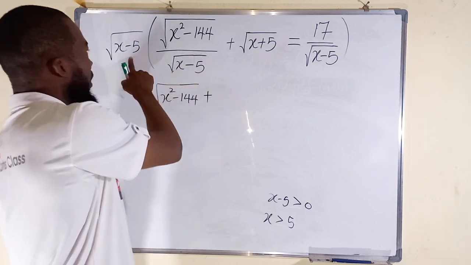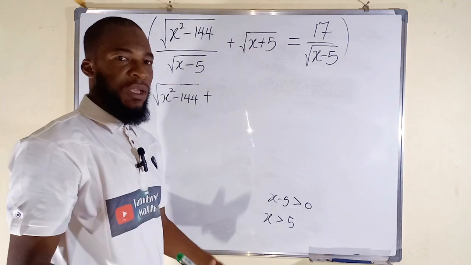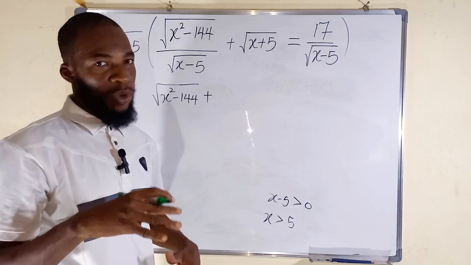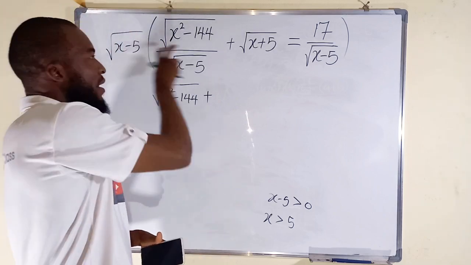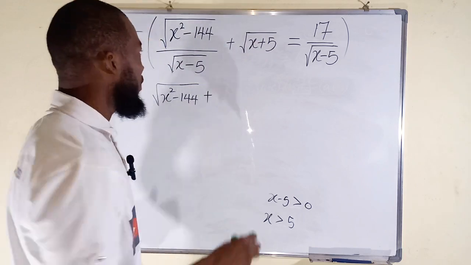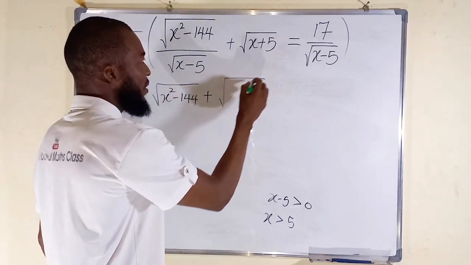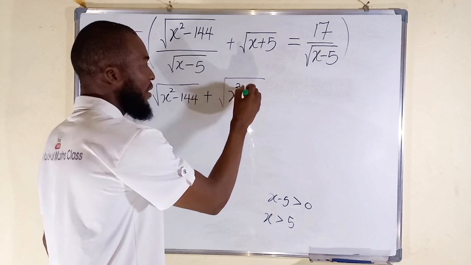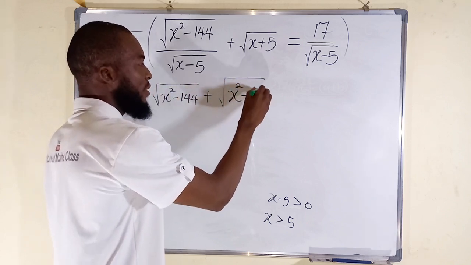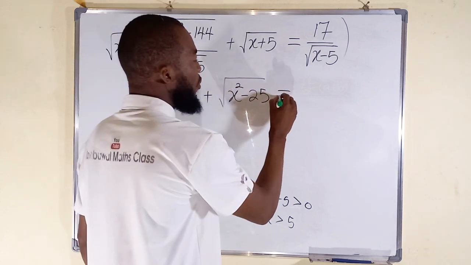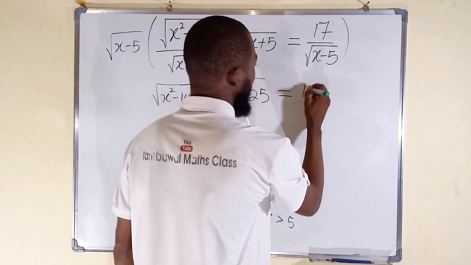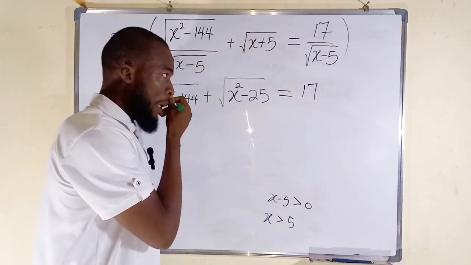Then plus, you multiply this by this. Two radicals multiplying each other, the radicands can multiply. The radicands are x minus 5 and x plus 5, which are just a difference of two squares. You take the first term, square it, and subtract the square of the second term, 5 squared is 25. The same terms cancel, leaving only 17.